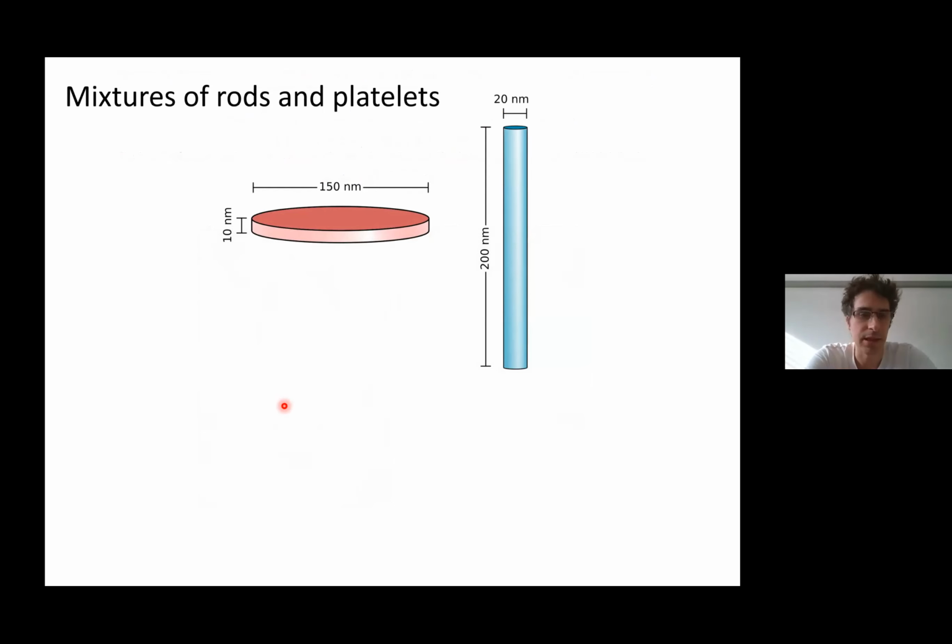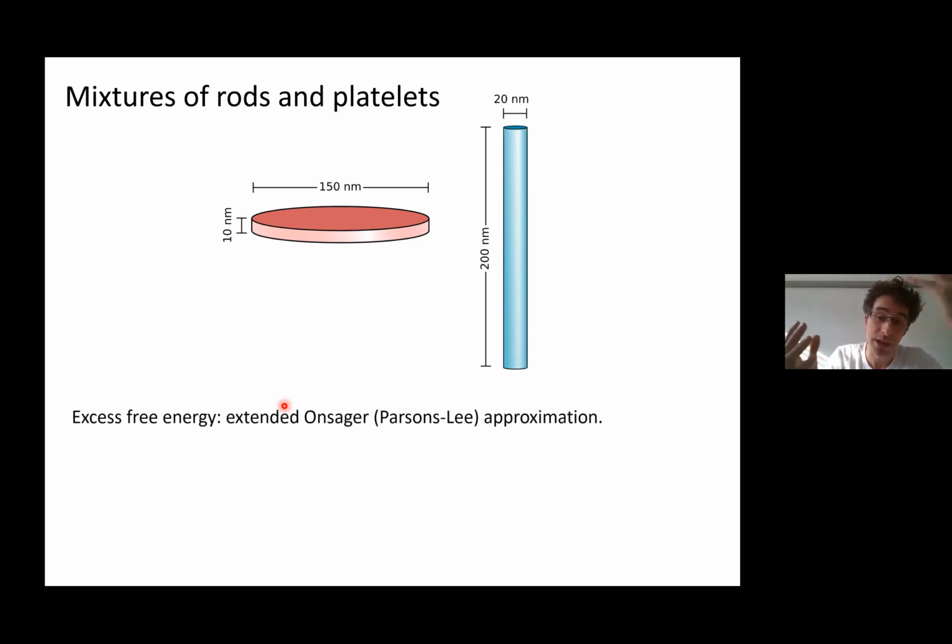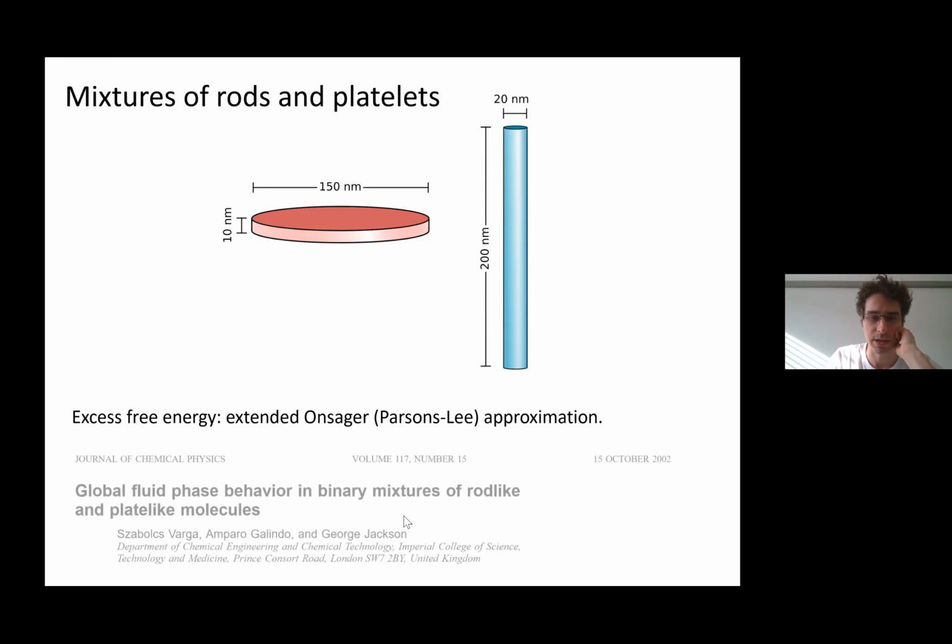What we have done is density functional theory. So in density functional theory, you split the free energy into the ideal term, which is given exactly, and then an excess term that contains all the interactions, and then you need some approximation for this. We have used almost the simplest possible one, which is an Onsager approximation that was first used for this system by Varga and co-workers.